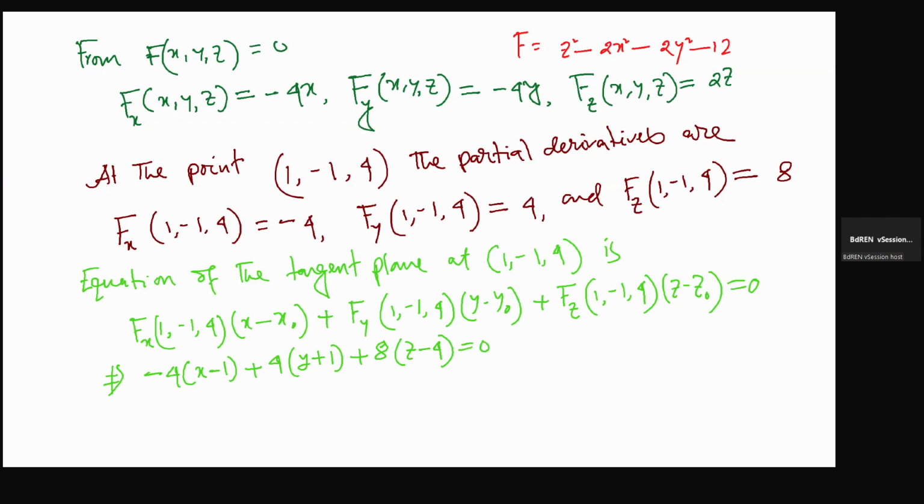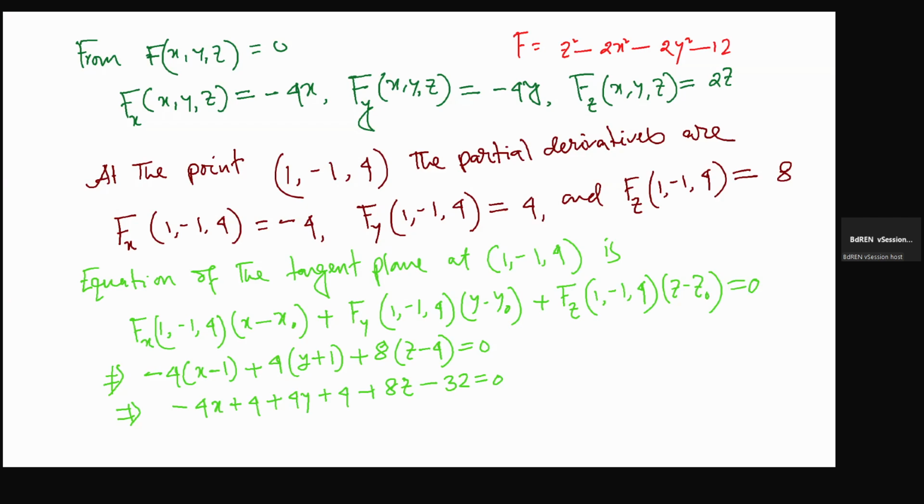So we multiply: minus 4x plus 4 plus 4y plus 4 plus 8z minus 32 equal to 0.